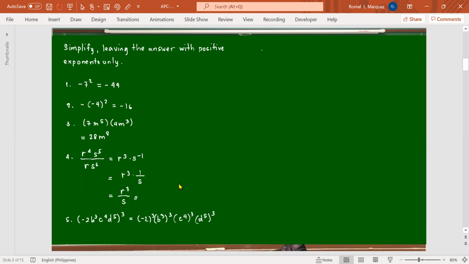So that is equal to -2 times -2 times -2, that is -8. Then we multiply 3 times 3. That is 9, no? That is one of the laws of exponent. If you have a power of a power, you multiply the outside exponent to the inside exponent.